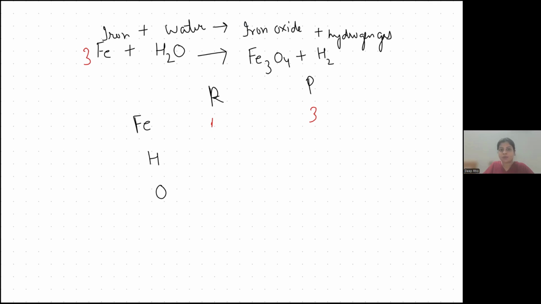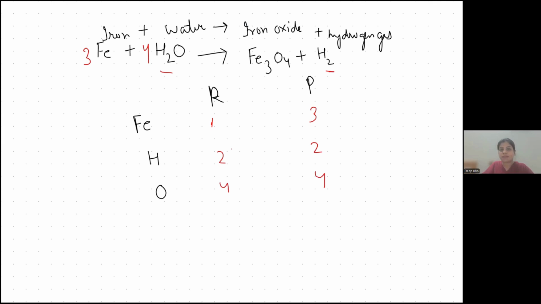Let's come to the hydrogen. Here it is 2. Here it is 2. So it is 2 on both sides. Next to oxygen, you have seen 4 oxygen there. So we can put 4 here, yes or no? So, see, oxygen is balanced. Again, now hydrogen is not balanced. See, 4 twos are 8 here, but it is 2 here.